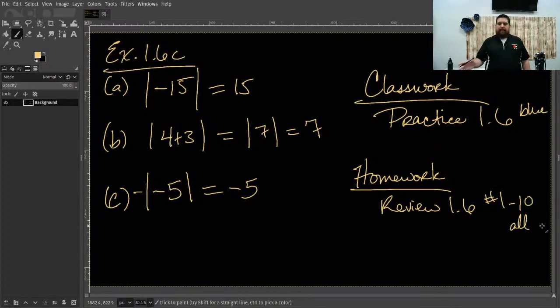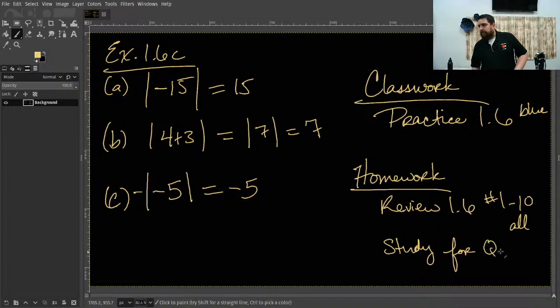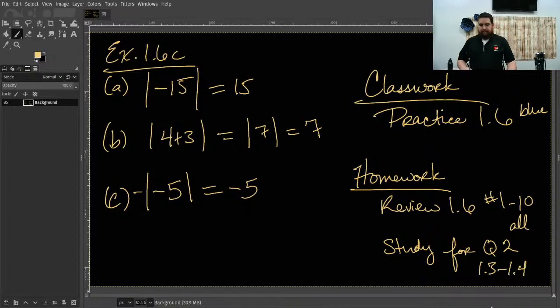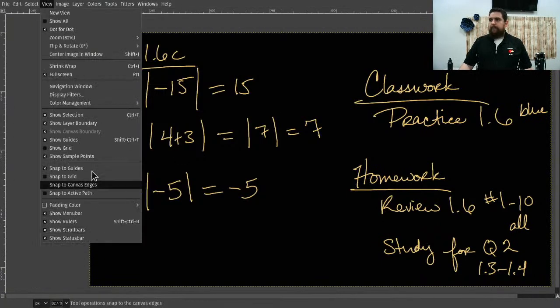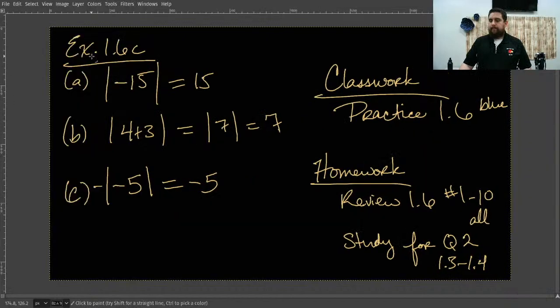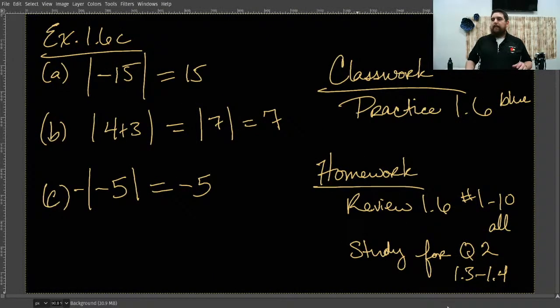I think there's like 12 in the section, and I just stopped it at 10, so they'd be 10 points each, and it'd be really easy for grading. So numbers 1 through 10 all, that's your homework. Also, you need to study for quiz 2, which is 1.3 through 1.4. So that's what you guys are working on in class.